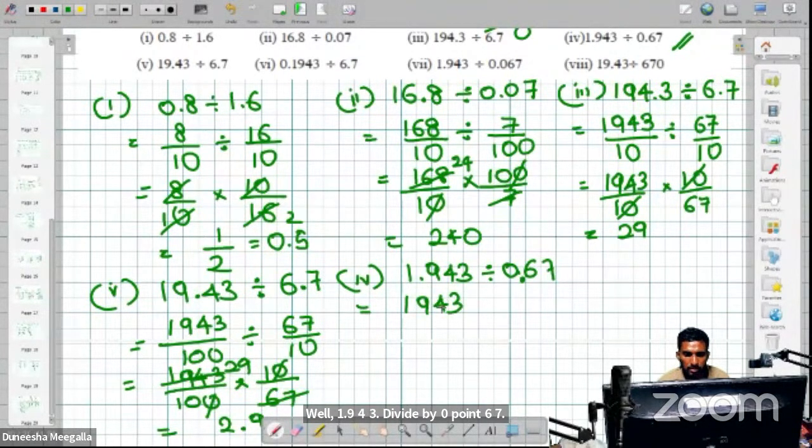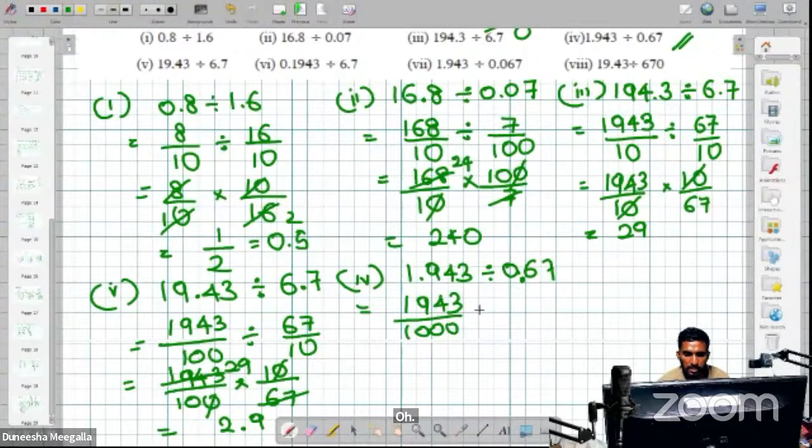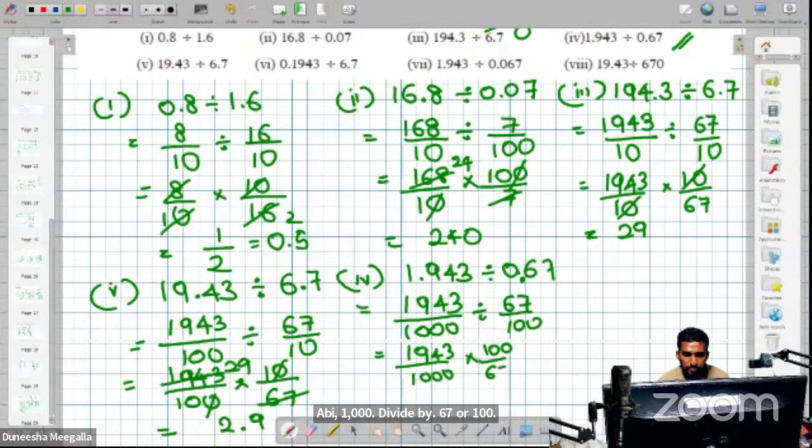How do we get it for the fifth one? The answer for the fifth one is 2.9, and the fourth one also gives 2.9. Let's work it out. 1943 over 1000 divided by 67 over 100. Yes, it's also 2.9. Okay, right?